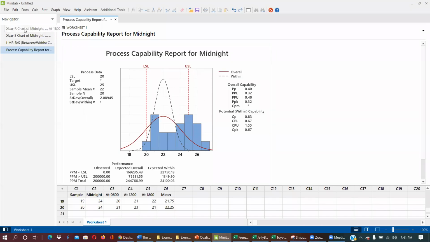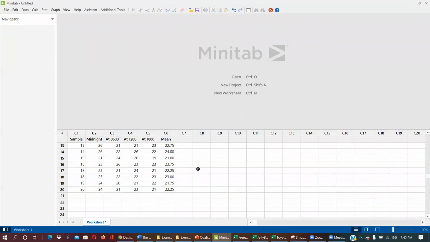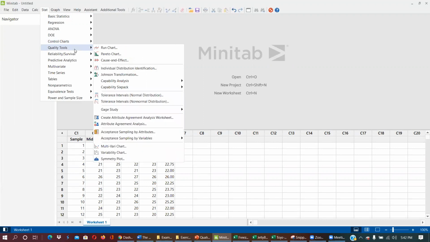So let me go with some of them. Here I don't have data for the Pareto chart. Here, under statistics, you have two options. One is control charts, which we are going to learn later, and the other is quality tools, Pareto chart.